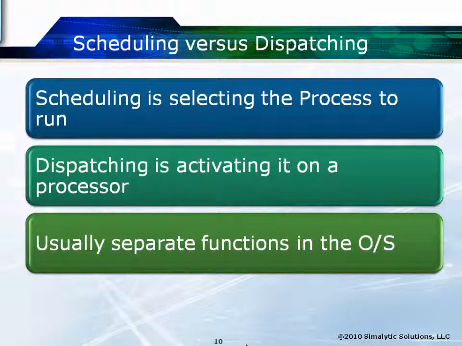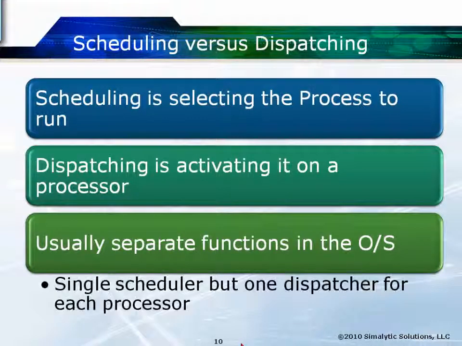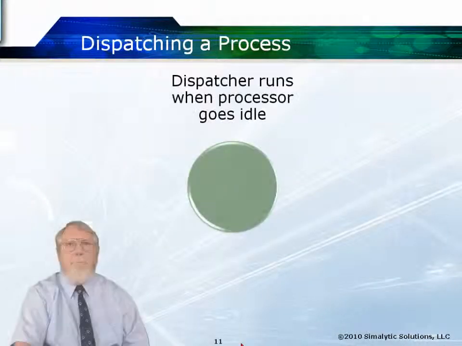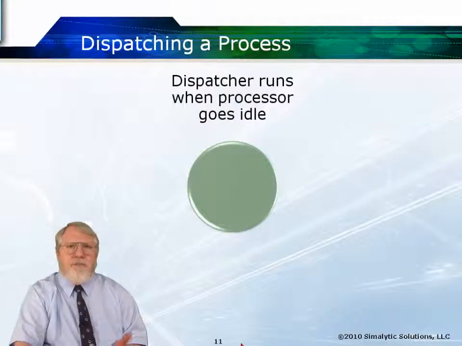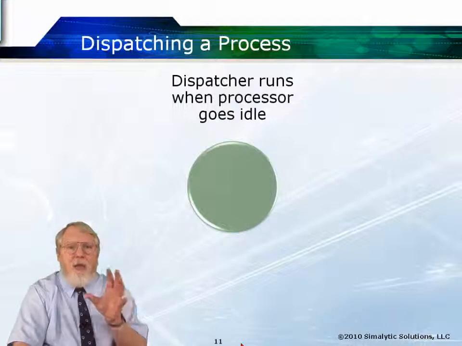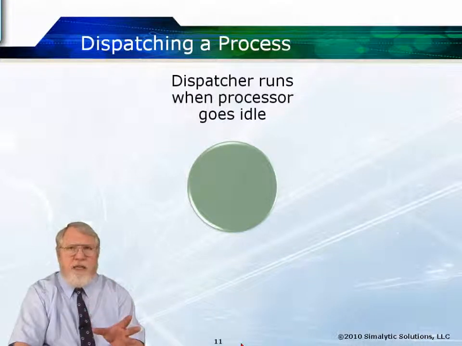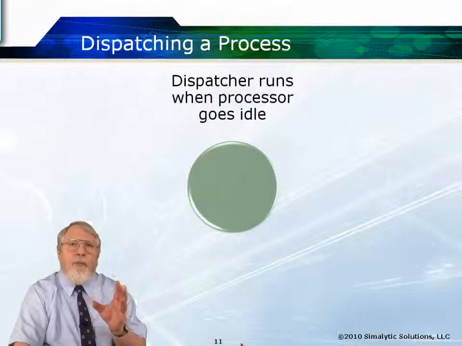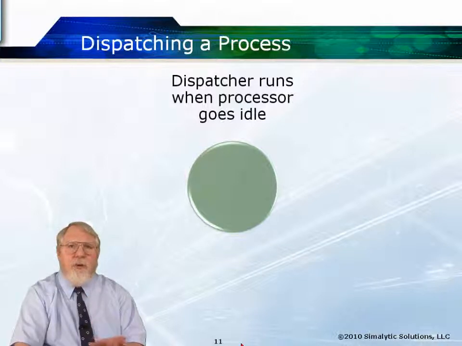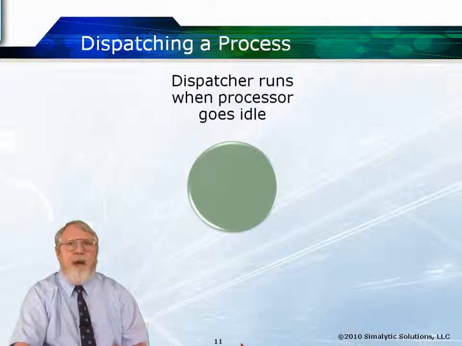These are very separate functions in most operating systems. A single scheduler, but one dispatcher for each processor. So the dispatcher looks at the single processor, and when that processor has nothing to do, it still needs to be running some code. That's the dispatcher.